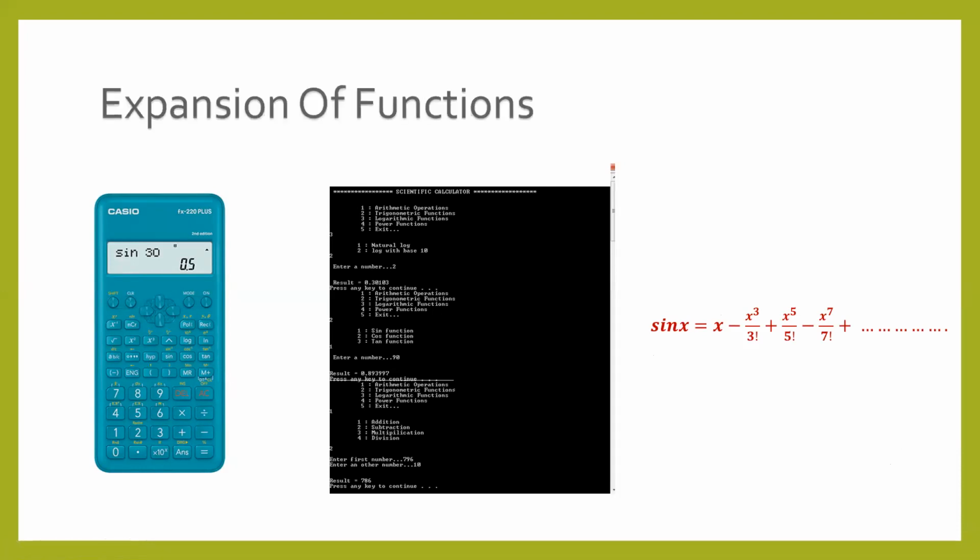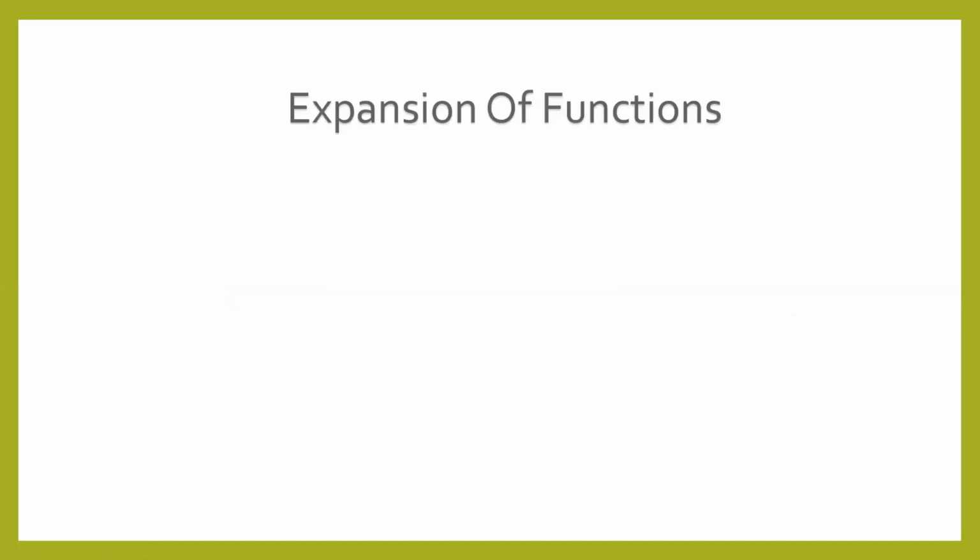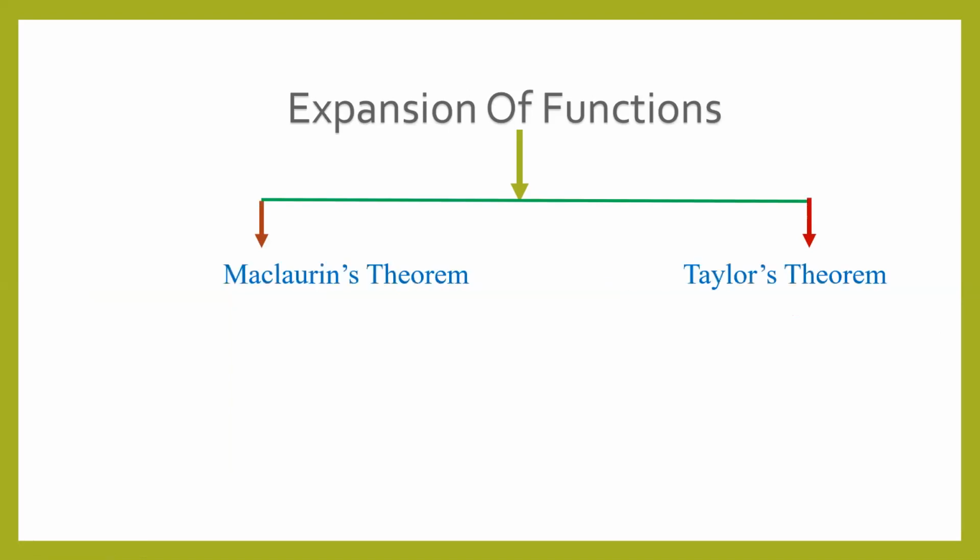Using this expansion of functions, we can expand any function in increasing powers of x, or you can say in terms of x. For this we can use two important theorems. One is Maclaurin's theorem and the other is Taylor's theorem. In today's lecture, we'll focus on Maclaurin's theorem.